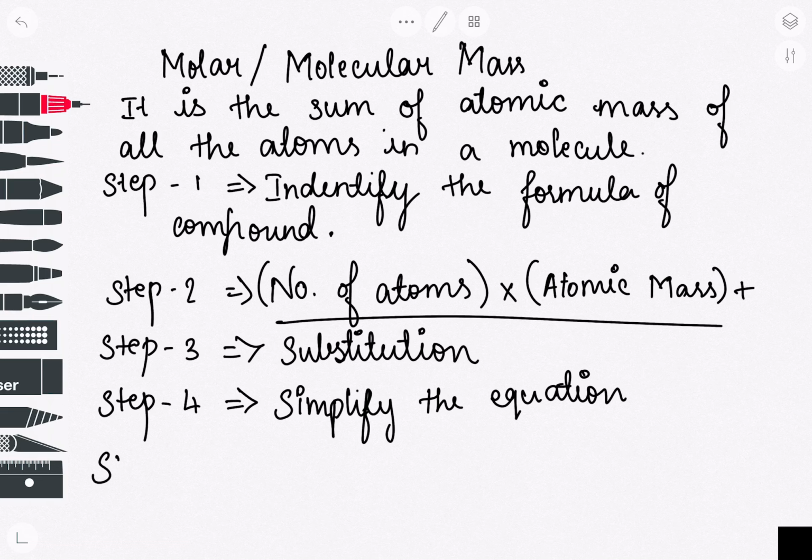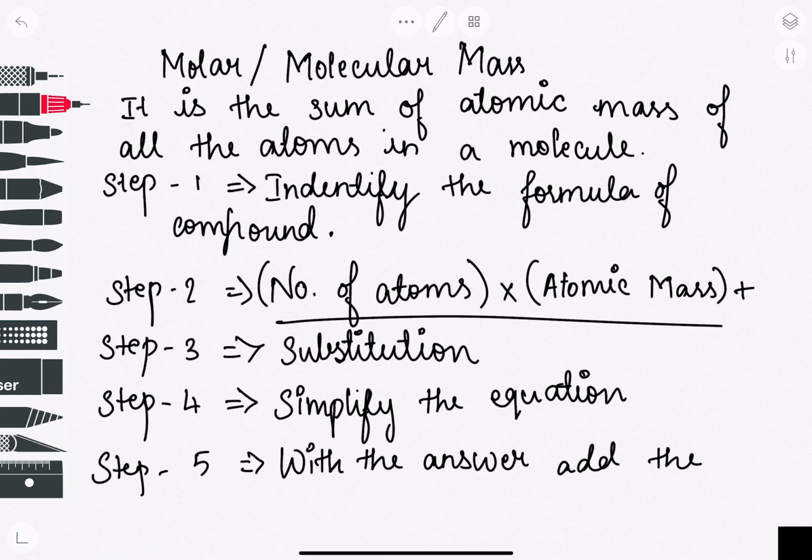And then step 5 is the easiest step. With the answer, add the symbol U. When you get 22, you just add U after the number.